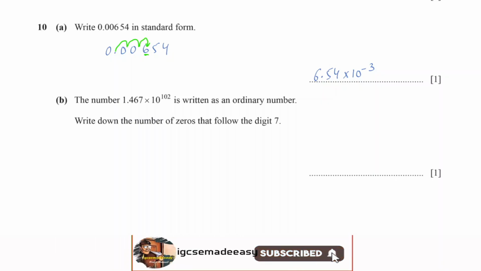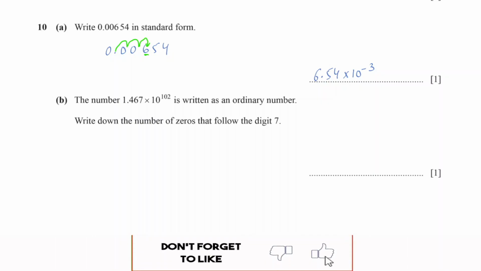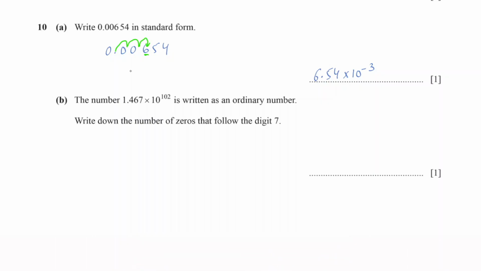It should start from a number except 0. Now it becomes 6.54 because the decimal comes after 6. So into 10 to the power, how many digits was it shifted? 1, 2, and 3, towards the right side, so we take negative 3. See, same answer we got. I hope you understand both ways.